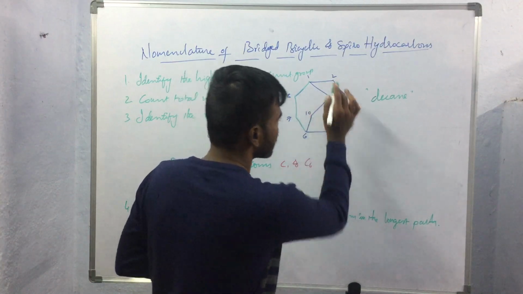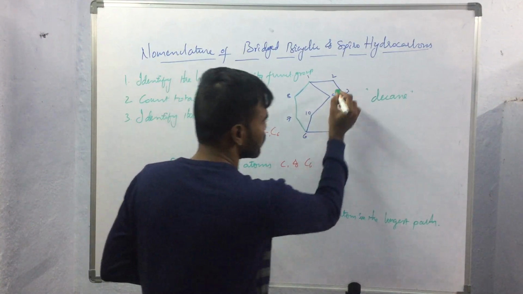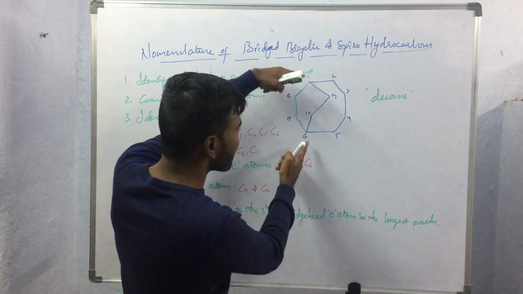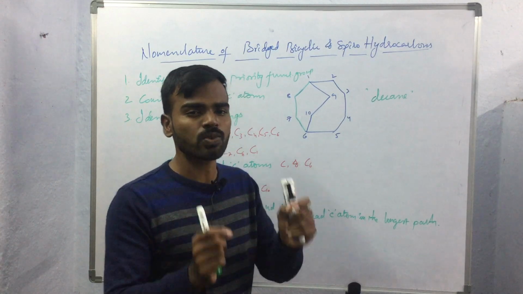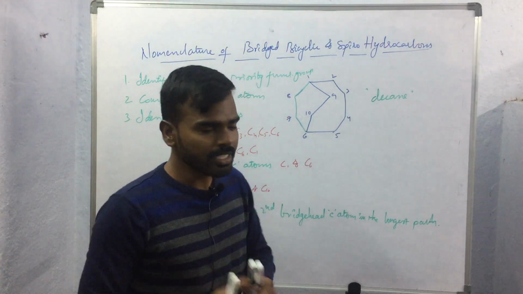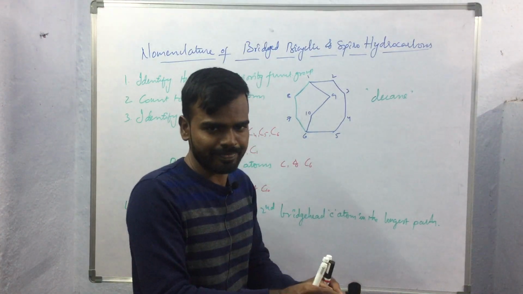So here we have to count the total number of atoms present in each path, and while counting, we should keep in mind that the bridgehead carbon atoms are excluded.